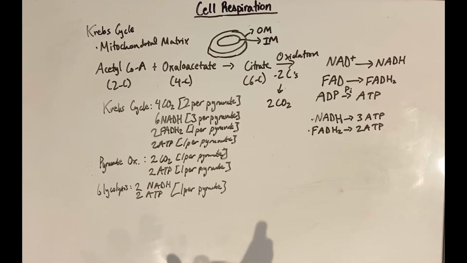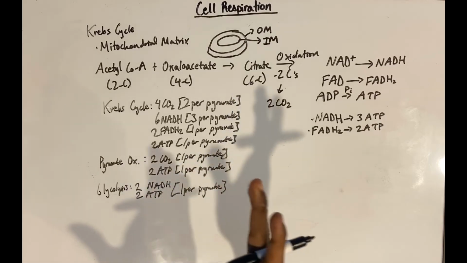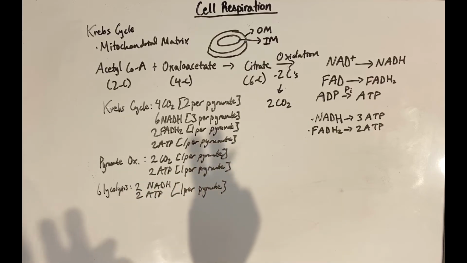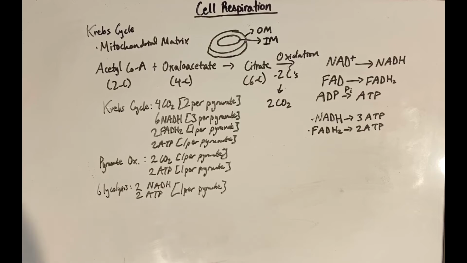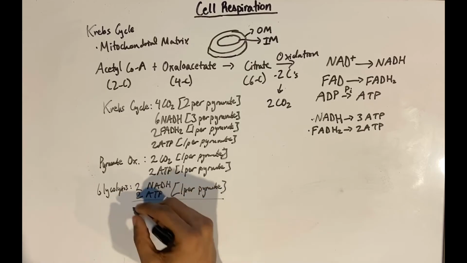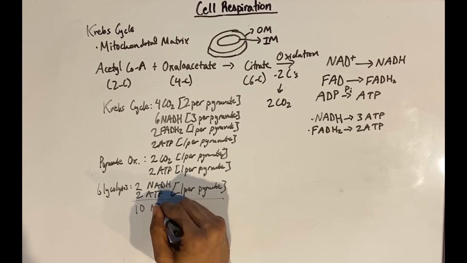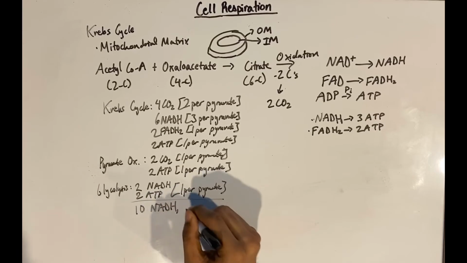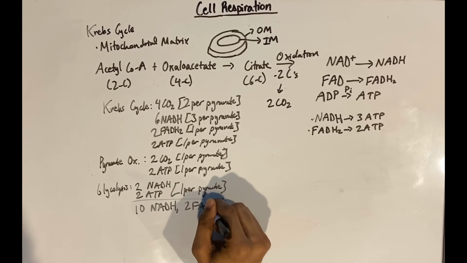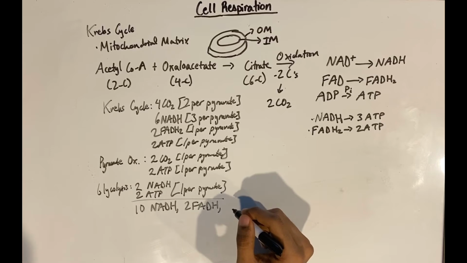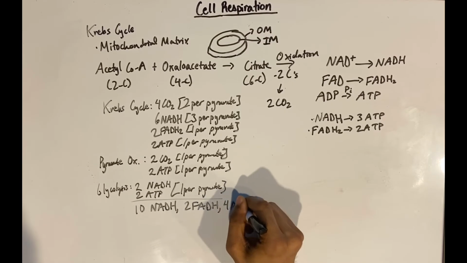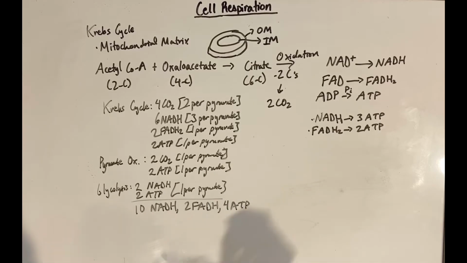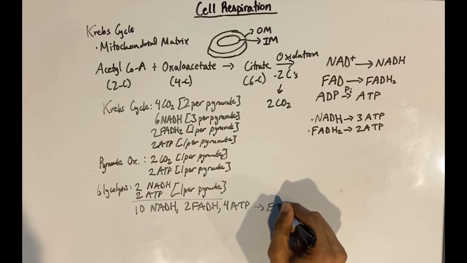Students often get confused on where these numbers come from. You have 2 pyruvates from glycolysis, therefore you have to double the cycles. And so in total, you have 10 NADH, 2 FADH, and 4 ATP heading into the electron transport chain.